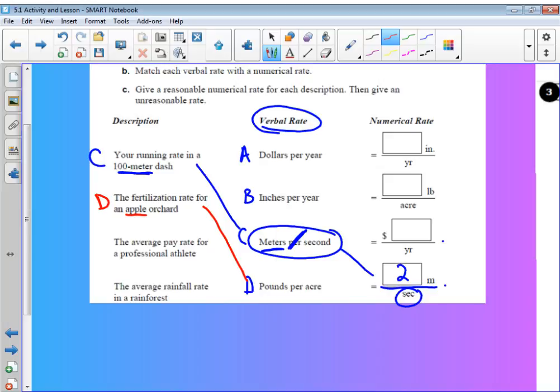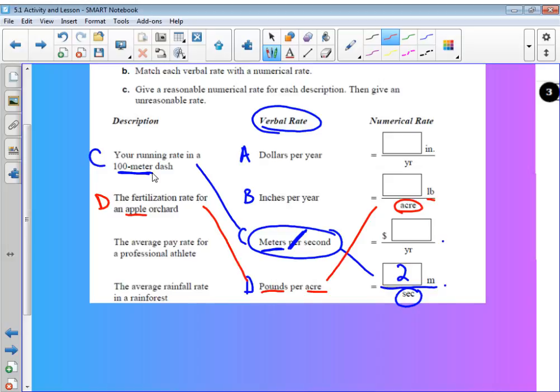Okay, so the 2 units we have are pounds and acres. So now we're going to look at our third column and find the rate for pounds per acre. And that would be this one right here, pounds per acre. Okay, so this one, I'm totally taking a random guess because I really have no idea. This might be something I should research online, but we'll just put a number in there to understand that we're picking a numerical rate.